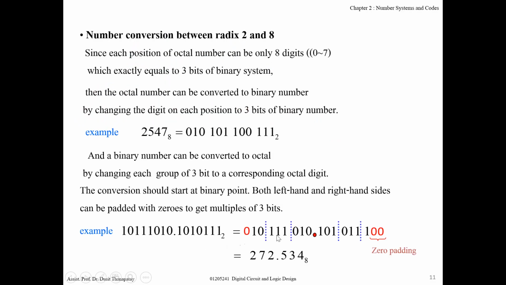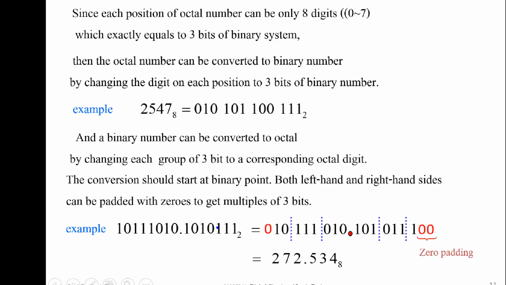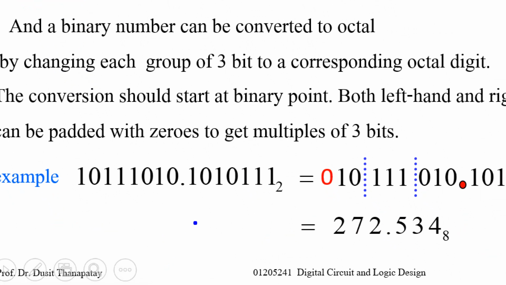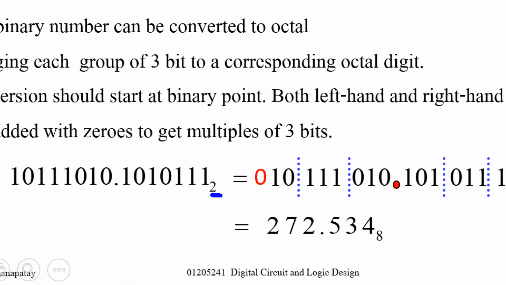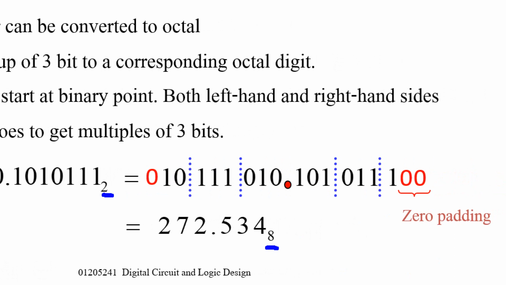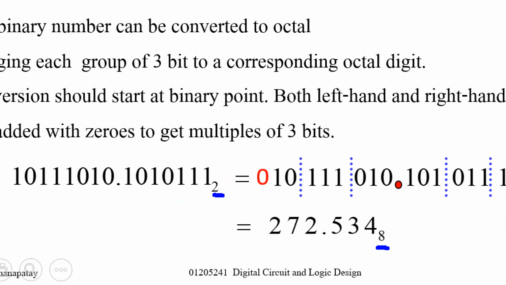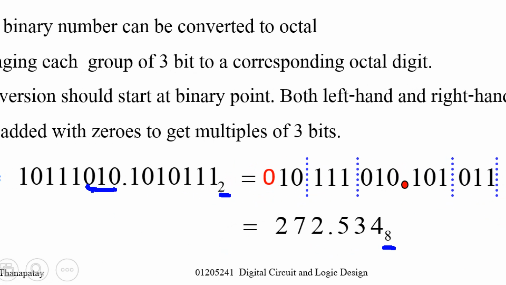For example, for radix 8, if I want to convert this binary number to radix 8, I just group it. Group this one by 3 bits, and when there are just 2, you can add 0, because it is still the same value. Be careful, you must convert in 3 bits.